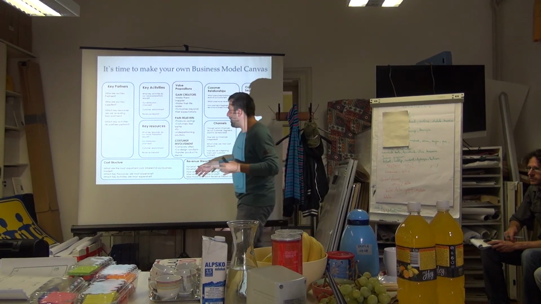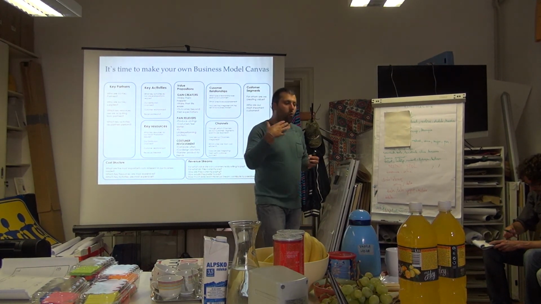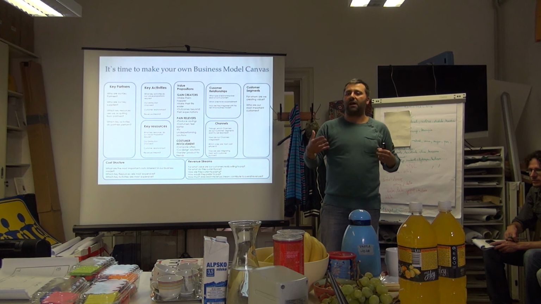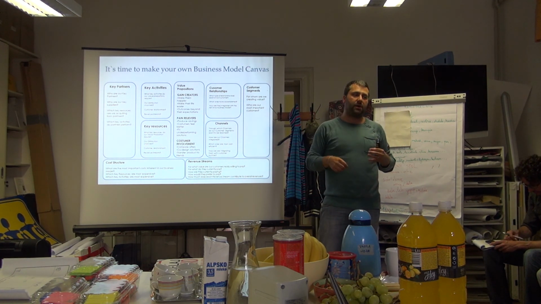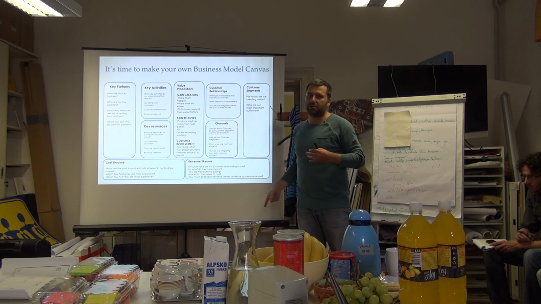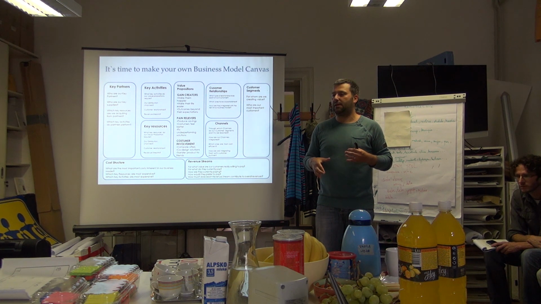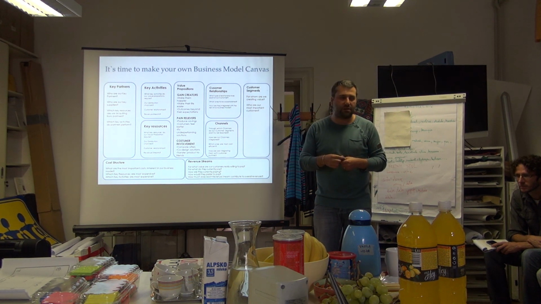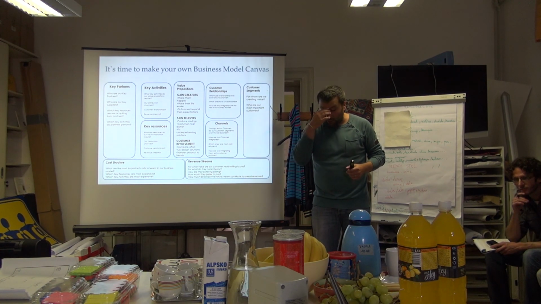So try to figure out what impact on society and on the environment, in terms of cost, your social enterprise will have. So both costs and revenues, because everything which is operated has some impact on society or on the environment.